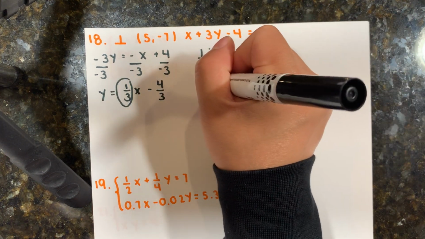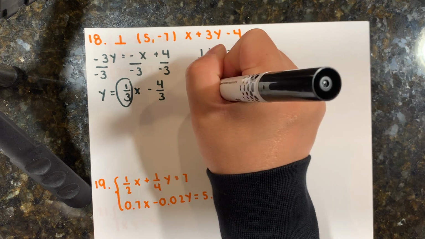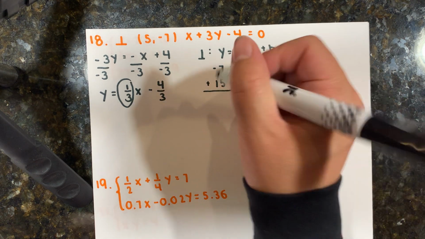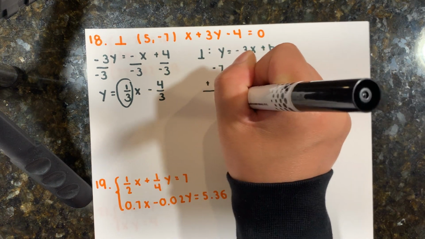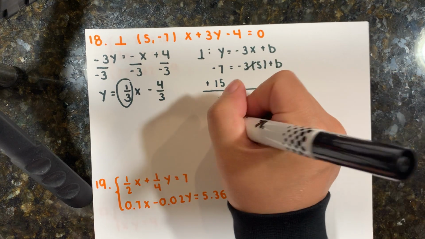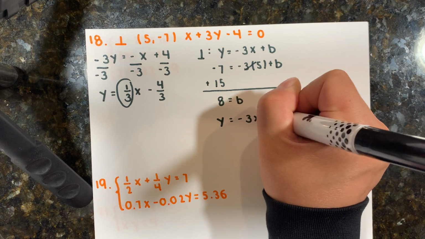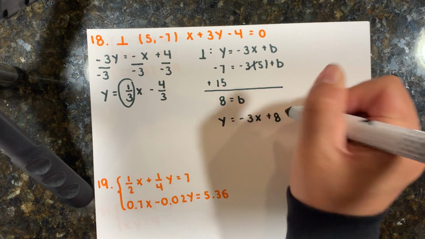I'm going to add 15. I'm going to have 8 equals b. So my perpendicular line is going to be y equals negative 3x plus 8.